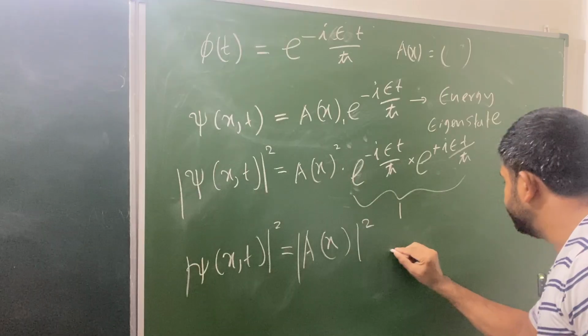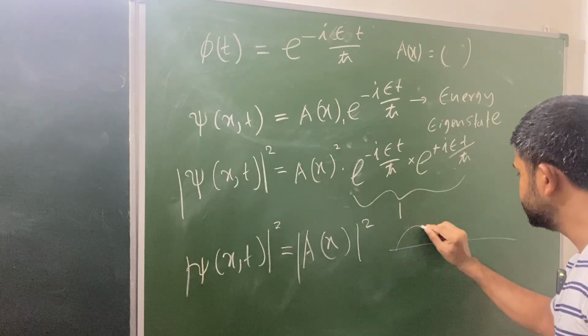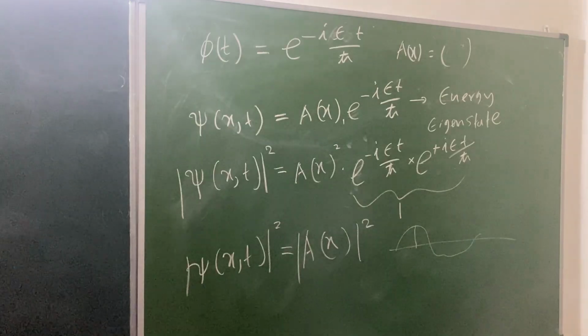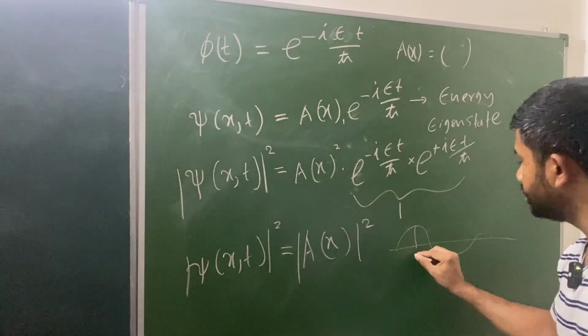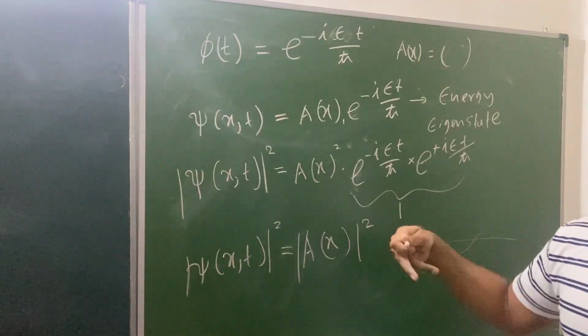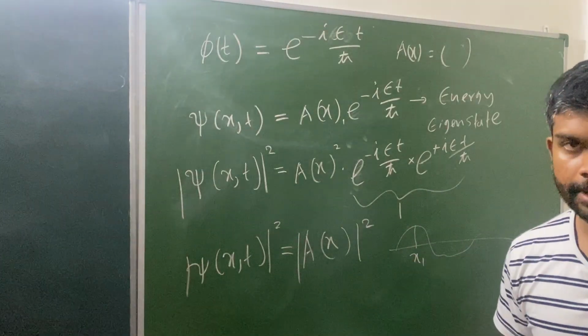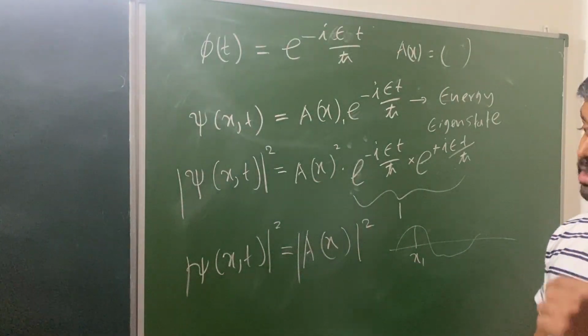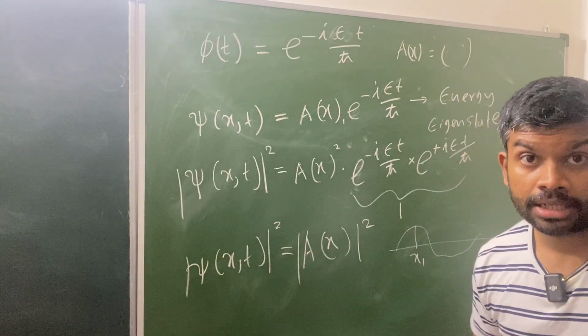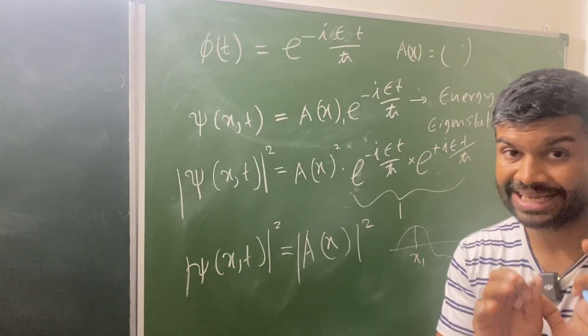That means if you have a wave function at a certain point, the probability depends only on the point, this x value. At x1 the probability is a constant probability, it doesn't depend on the time, right? This holds for an energy eigenstate.